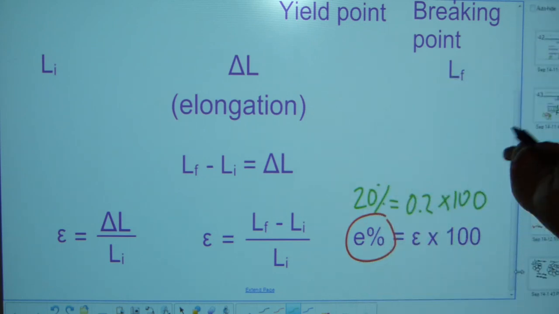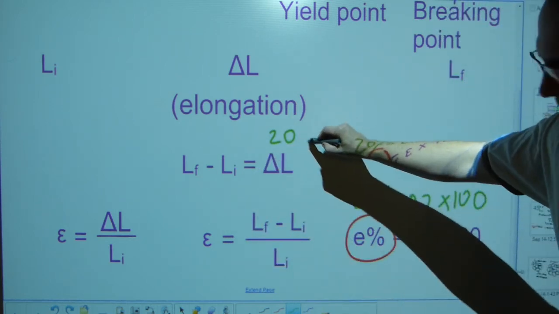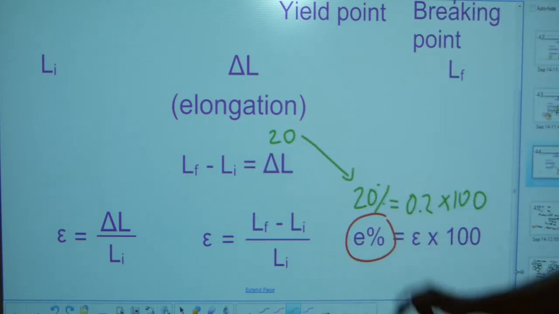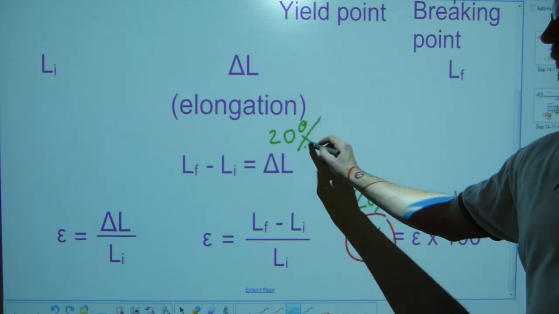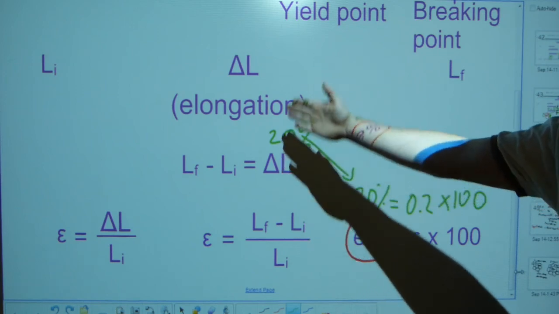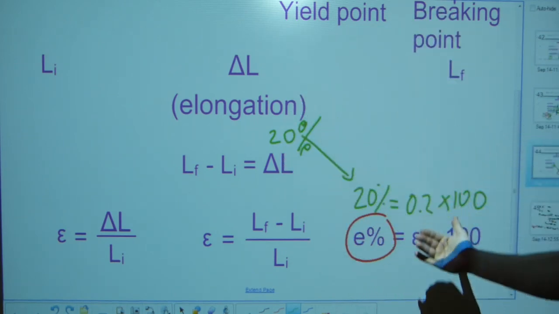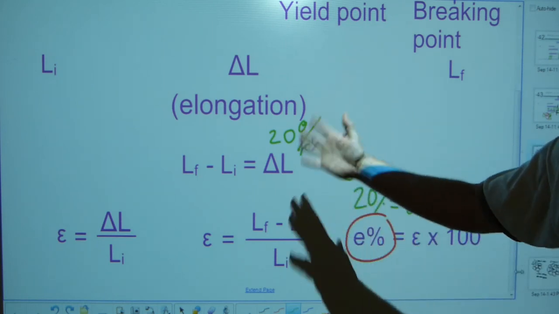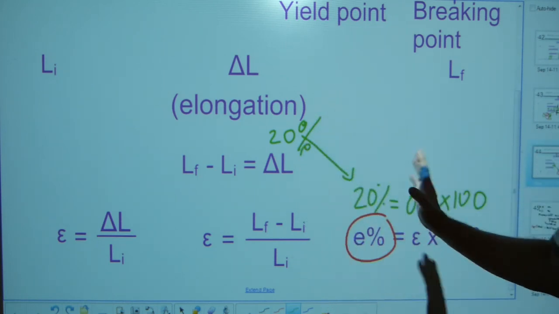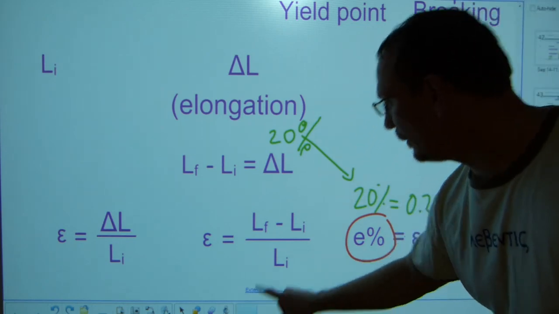Now, this was 20 millimeters as delta L. You cannot just take that 20 and make it into a 20% by just scribbling a percent sign after delta L. This delta L is elongation and this is elongation percent, but elongation percent is not made from elongation just by writing the percentage after it. Alright? Think about it.